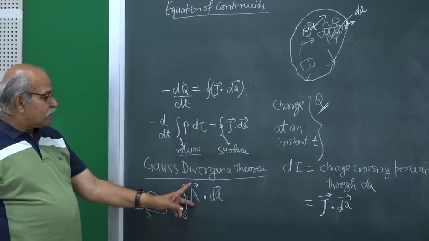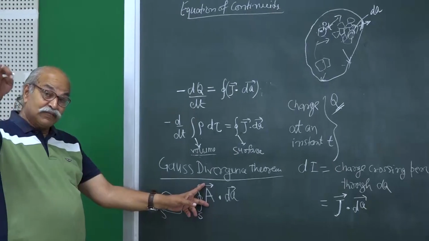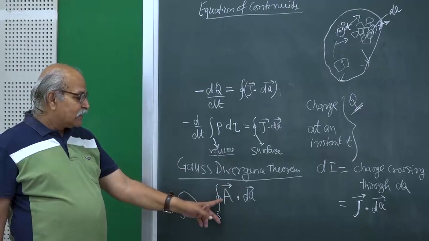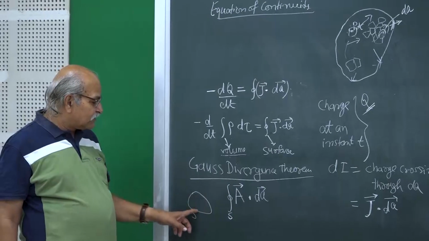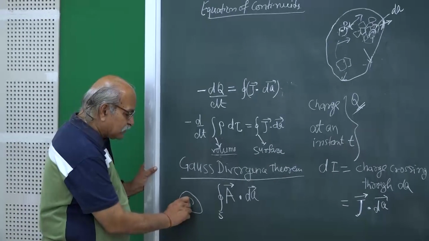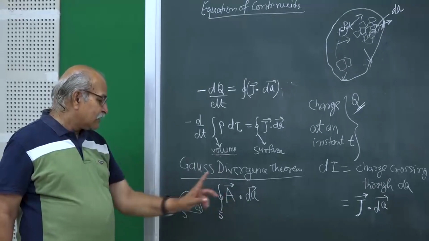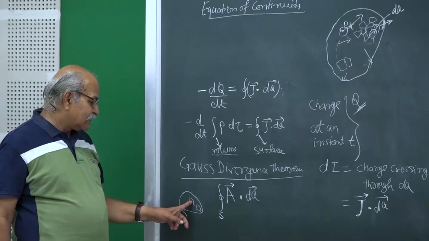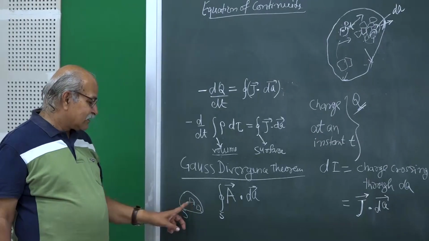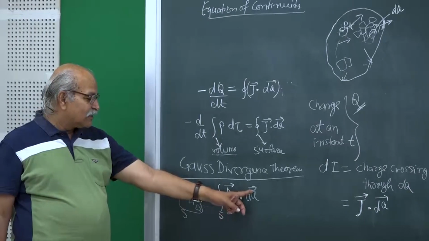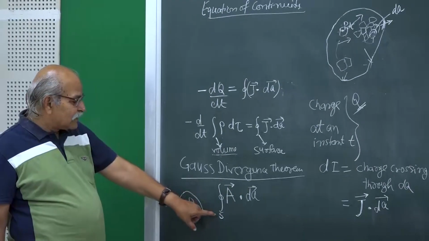There is some vector A which depends on space points, we call it a vector field. Then on that closed surface you take those dA and integrate A dot dA. Everywhere you calculate this A dot dA and add them. So, that is this integration.